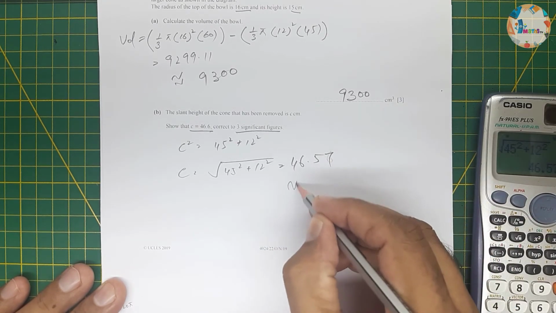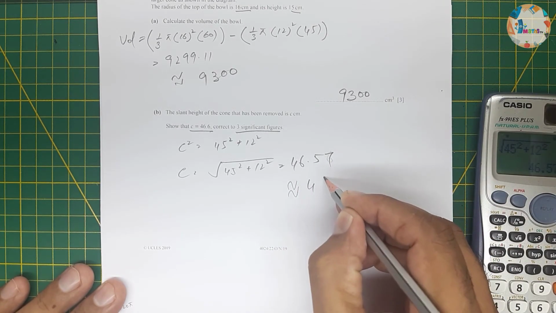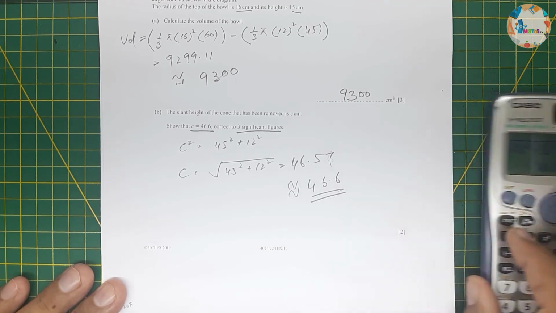So for 3 significant figures we can write 46.6. This will be our final answer.